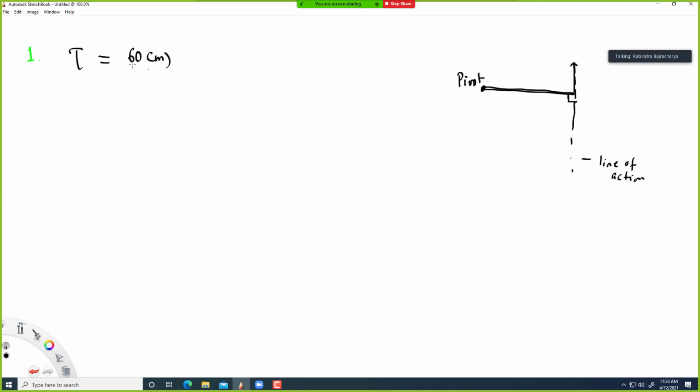Okay, and then multiply that by the force, 55 Newton. We want this in meters, so 60 over 100 is 0.6 meter times 55. So that gives you the torque.